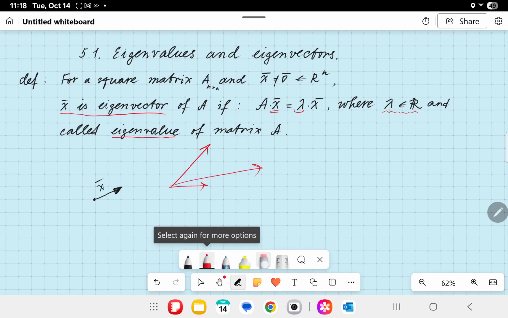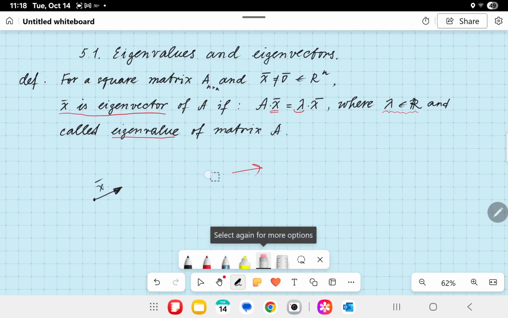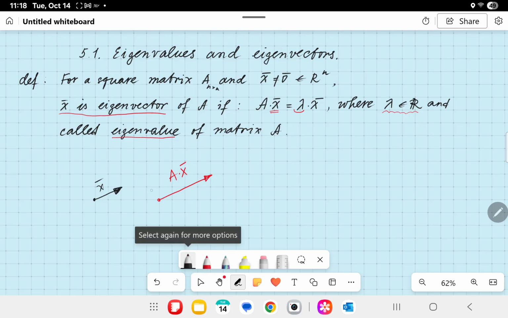But imagine that we have the resulting vector Ax just parallel to our vector x. So you multiply matrix A by vector x, and the resulting vector looks like this. And if you look at vector x, it's going to be exactly parallel. When two vectors are parallel, they are proportional with some coefficient of proportionality.